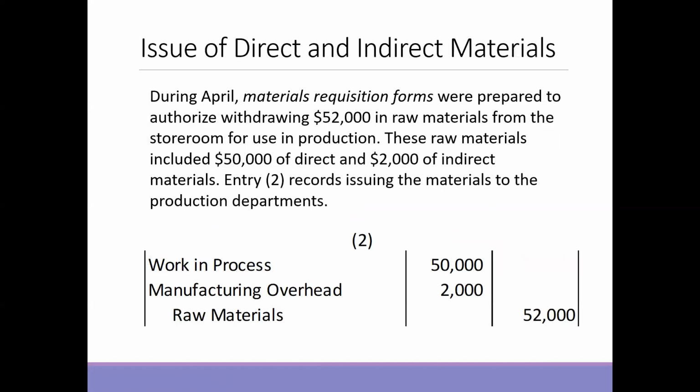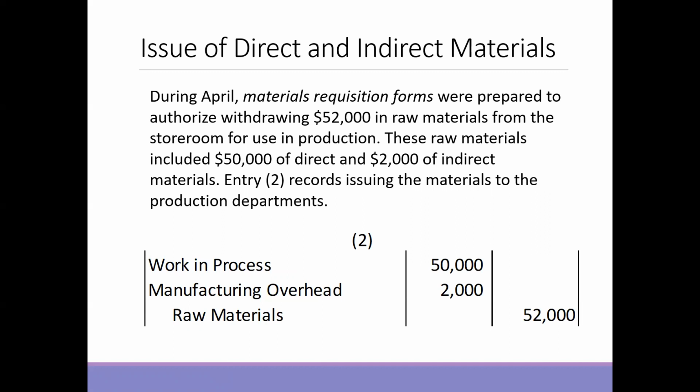During April, material requisition forms were prepared to authorize withdrawing $52,000 in raw materials from the storeroom for use in production. These raw materials included $50,000 of direct and $2,000 of indirect materials.